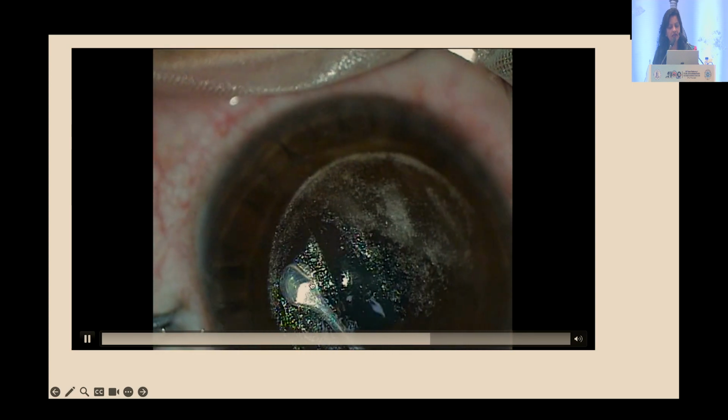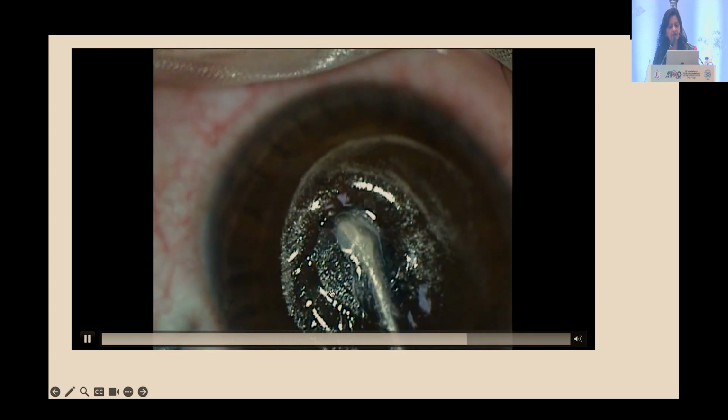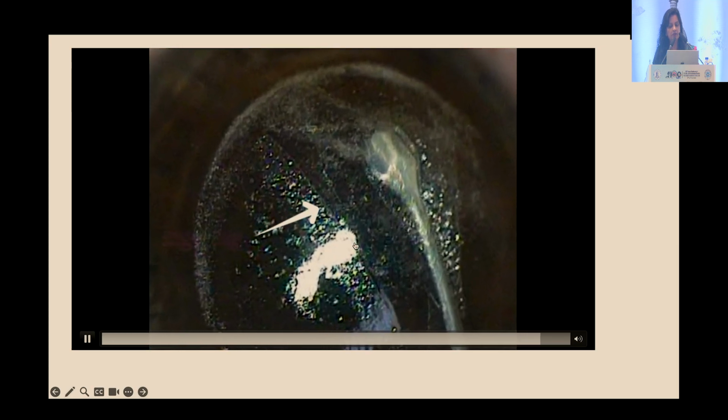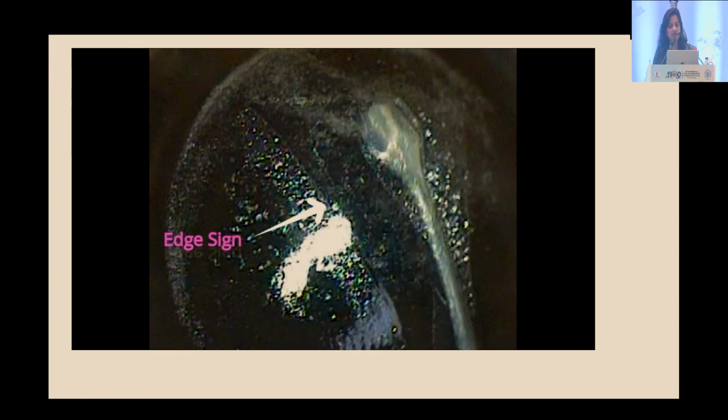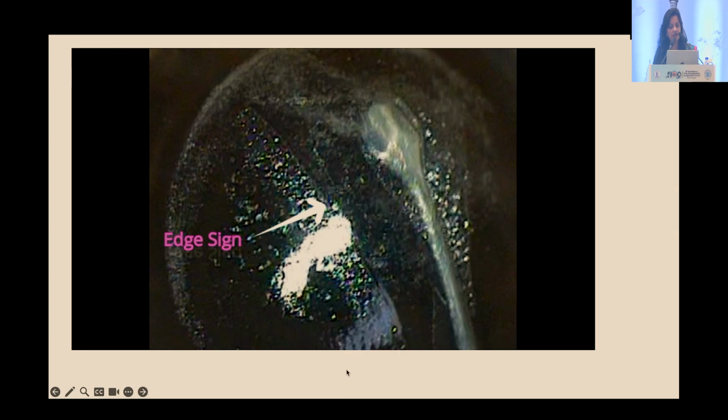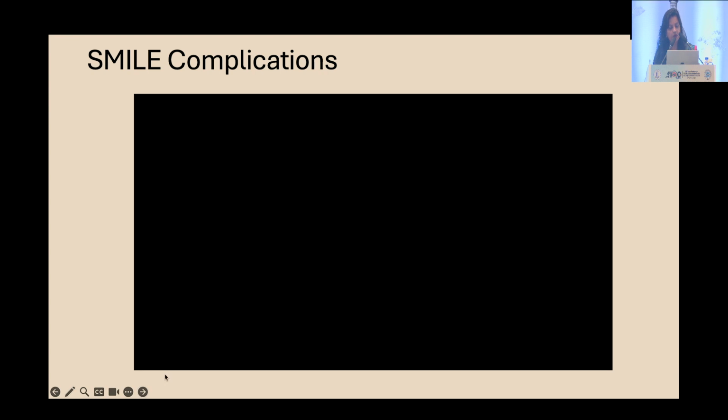If air does inadvertently enter the area between where the dissection has occurred and where it has not, you can delineate it and see it, and this can guide you to do a correct dissection in the correct plane.